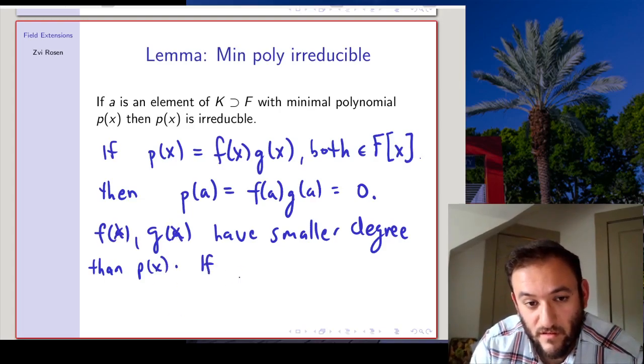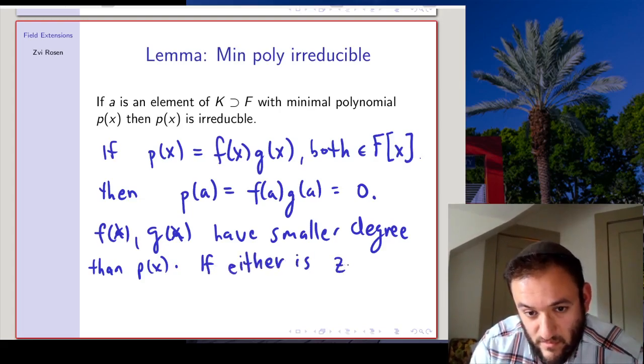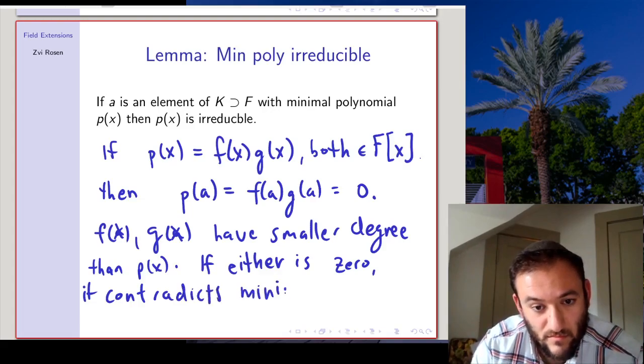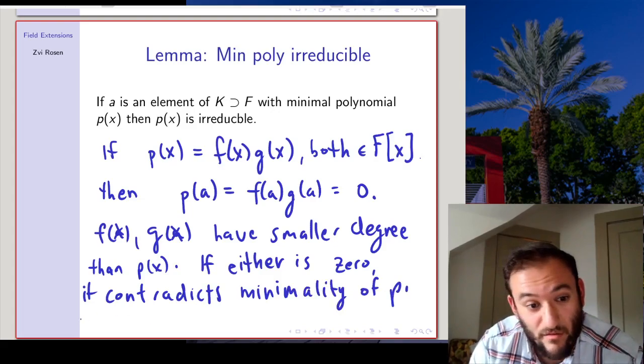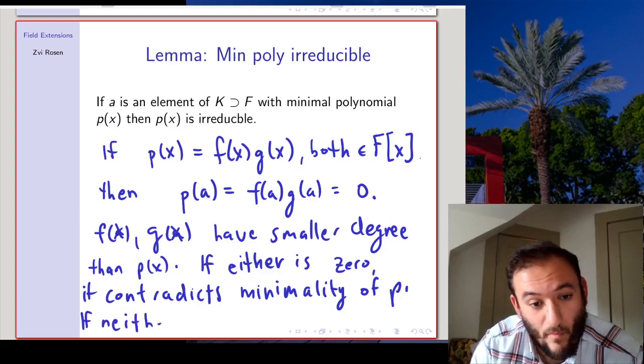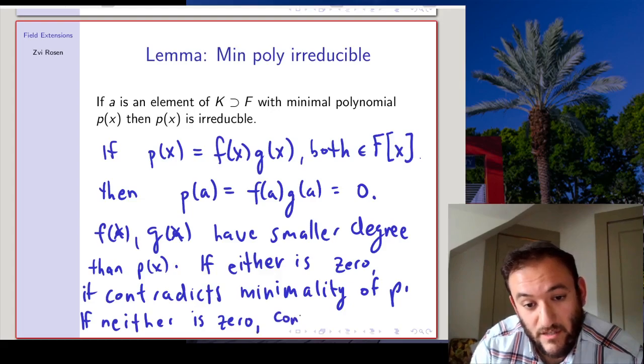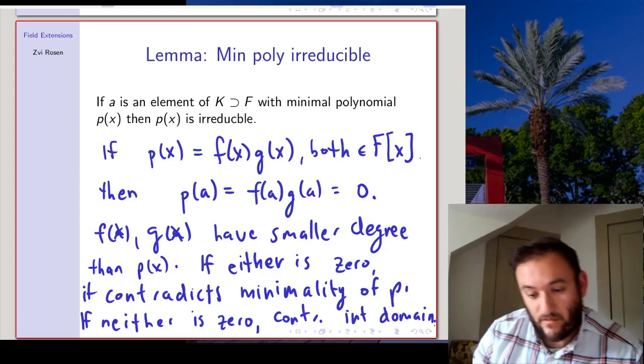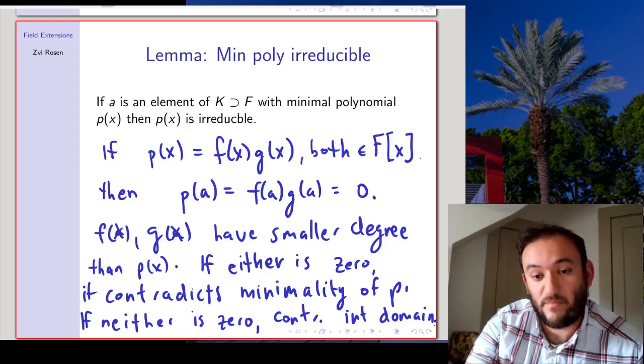If either is 0, it contradicts minimality of P, but if neither is 0, it contradicts that it's an integral domain. Okay, so with that contradiction, we prove that the polynomial must be irreducible.